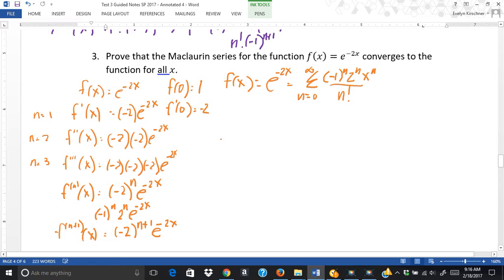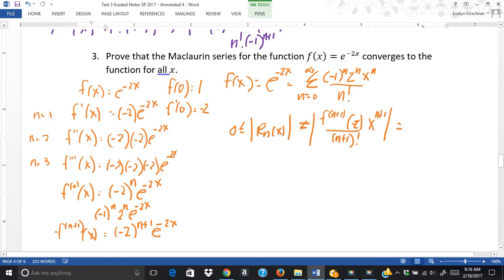So for Taylor's theorem, I know that my remainder, which is greater than 0, has to be equal to the n plus first derivative evaluated at some z. So I have f of n plus 1 at some z over n plus 1 factorial, and I'm looking at that term.